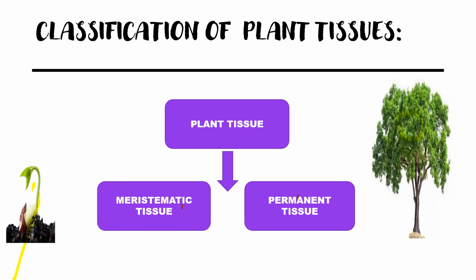But look at this plant, which has stopped its division because there is no more need of adding new tissues. So most of the tissue in this plant is not dividing anymore. They have come out of the cell cycle and are known as permanent tissues.